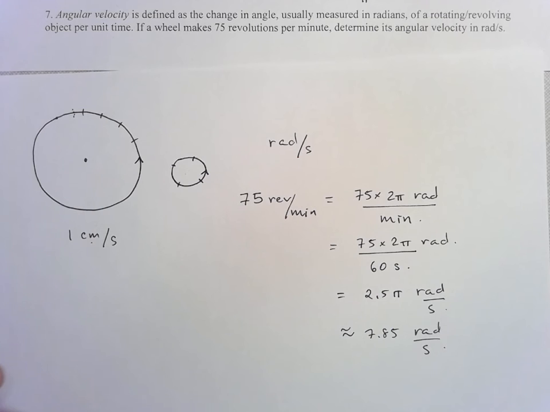In this case, it might be a little better to work with 7.85. It gives us a sense of how many radians. Now, remember, it took 6.28 radians to go around the circle, so this is a little more than that. So you're going a little more than a full turn around the circle, maybe an extra sixth around. That's it for this one.